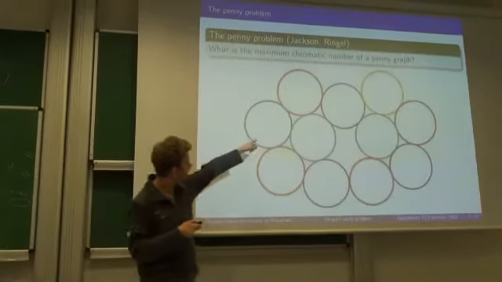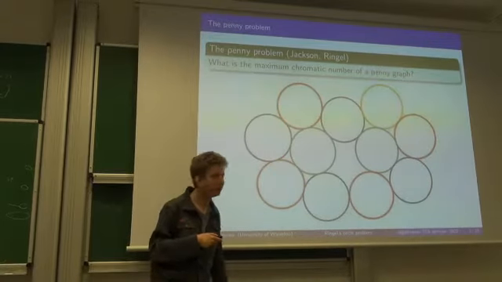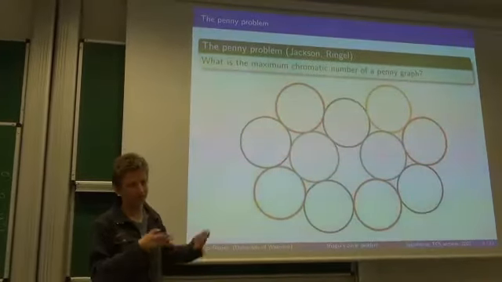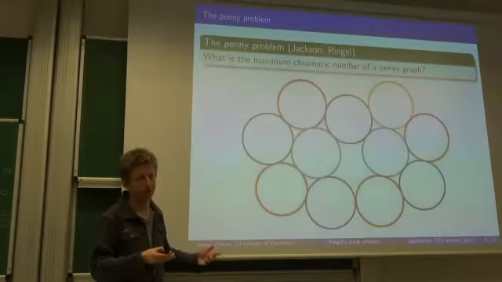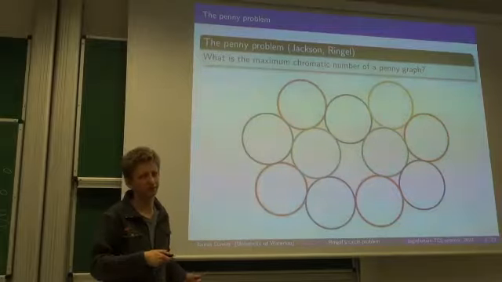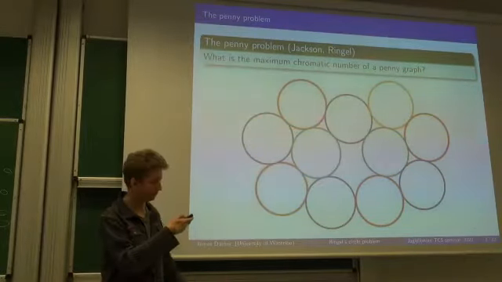This configuration of pennies needs at least 4 colors, and it can be shown that 4 is enough. These are obviously planar graphs, but it's easier than that. You can show this is 3-degenerate if you just take some outermost circle. That's a nice warm-up.